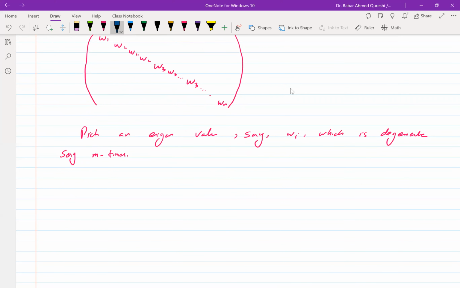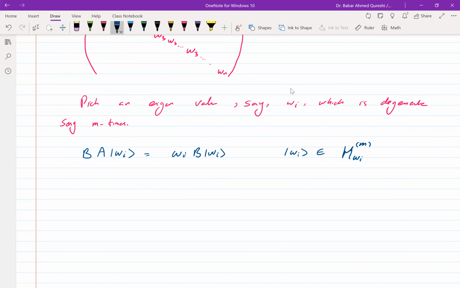If I repeat the argument I had, that I pick a vector and act with this, I get the result, where this Wi belongs to this subspace of eigenvalue Wi, which is an m-dimensional subspace.